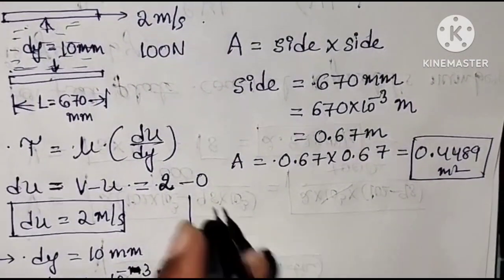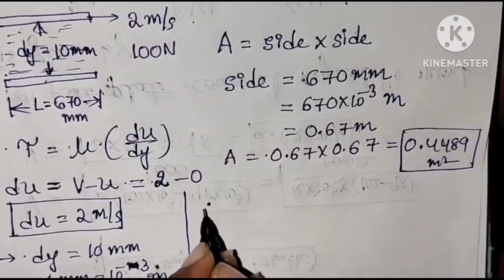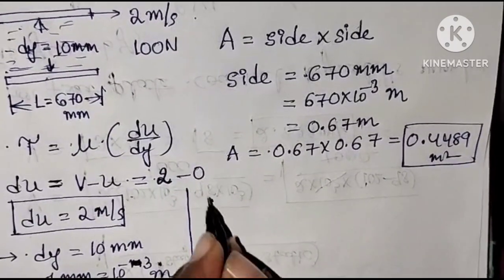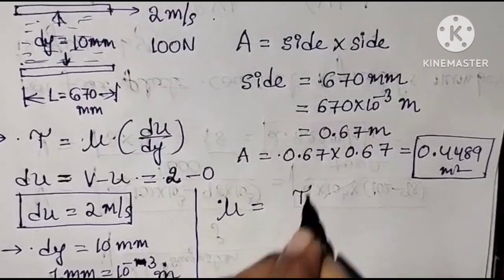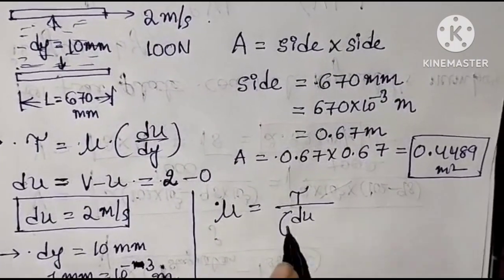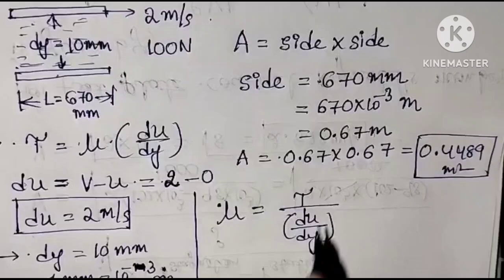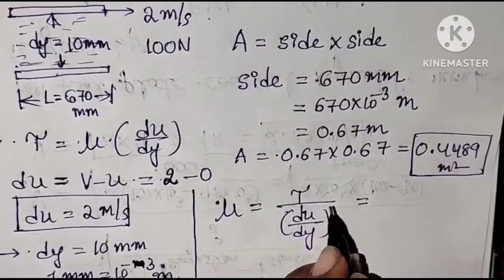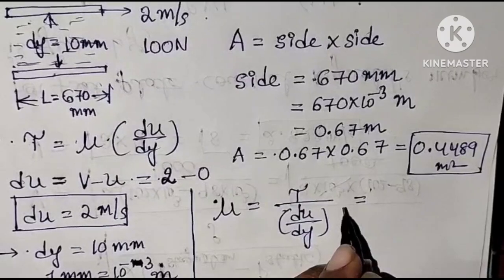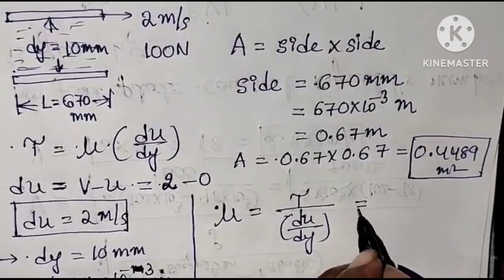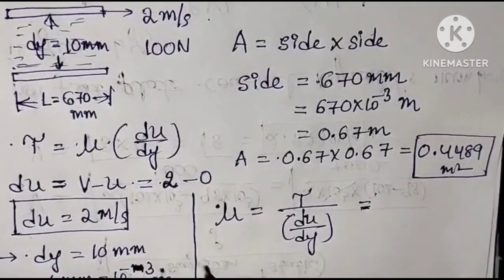Now we have all values. Now find dynamic viscosity. From this formula, mu is equal to tau by du by dy. First let us find this shear stress tau.